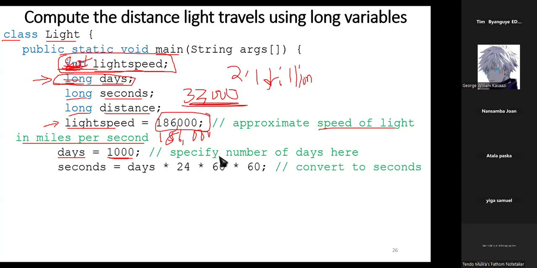Yes, please. If you had something like 32,000, which is short, can you also decide to store it in long? Yes, you can. But that would be a wastage of space, if I could put it that way.